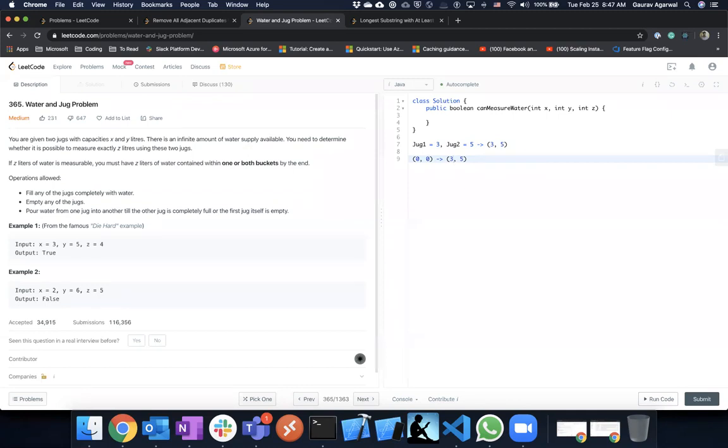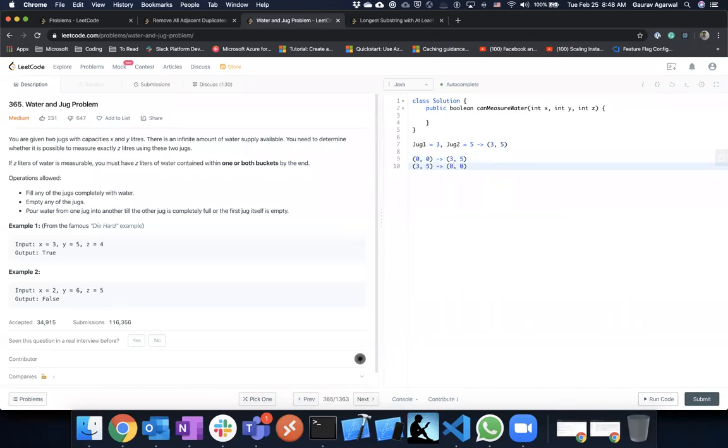The second operation is that we can empty any of the jugs. Assume the jugs are full. We can empty the first one and leave the second one, or empty out the second jug, or we can empty out both jugs, which is represented by 0 0.